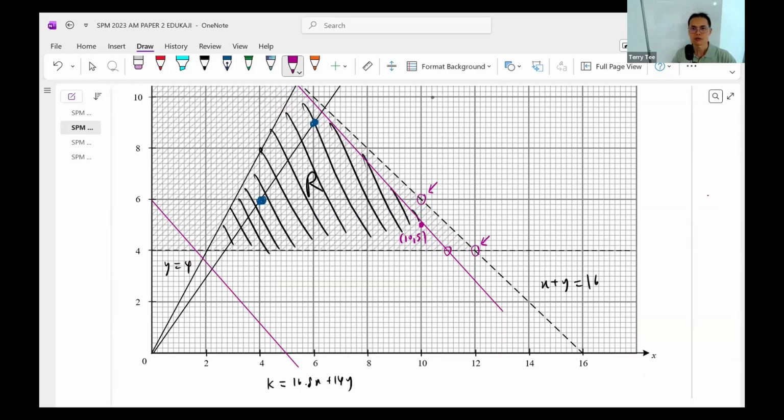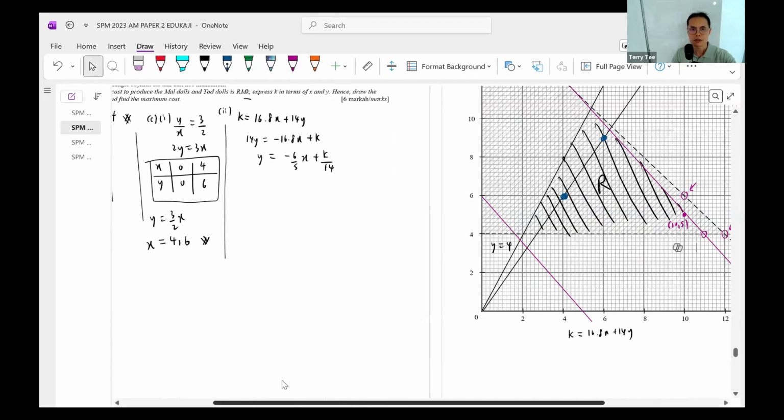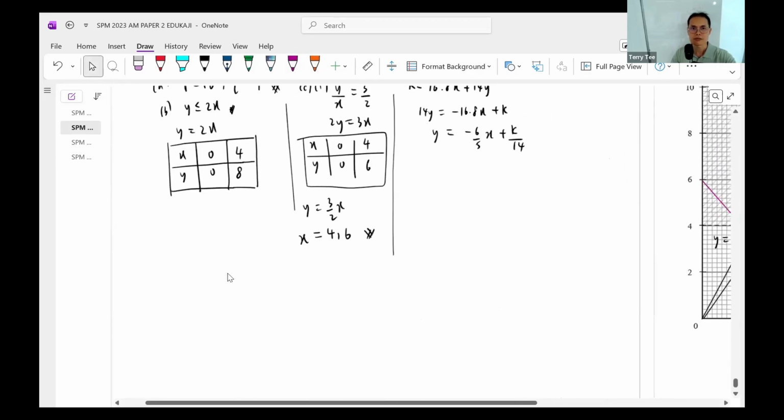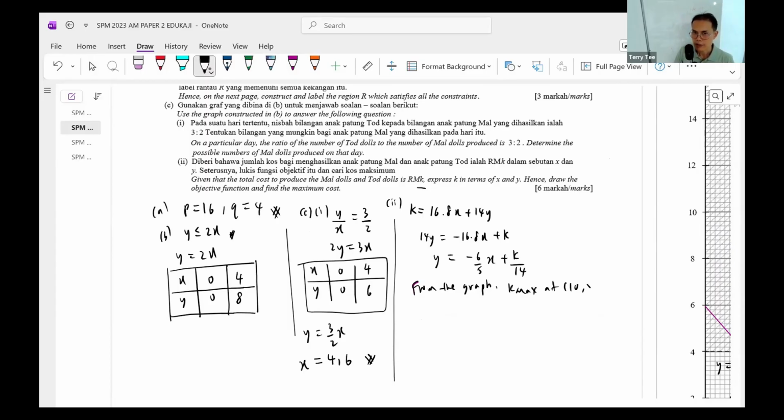Right? So from the graph, your k is max at (10, 5).